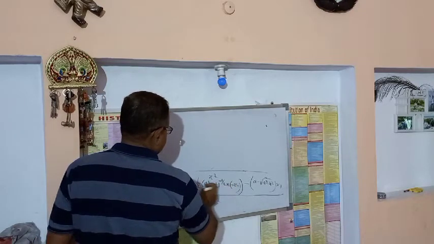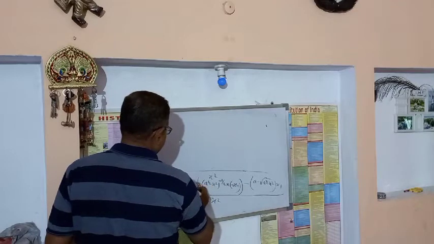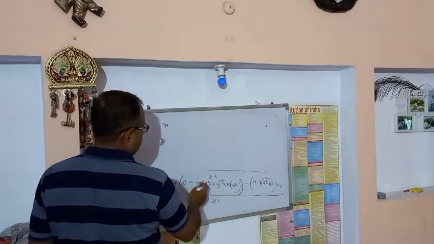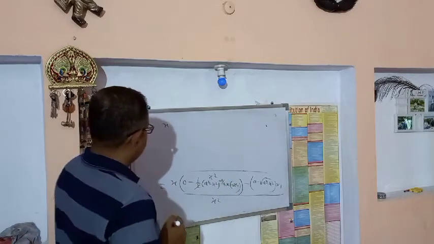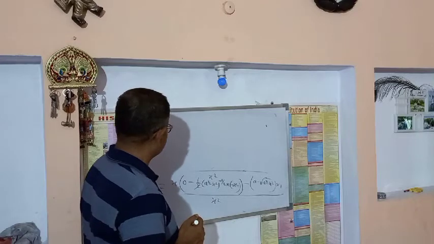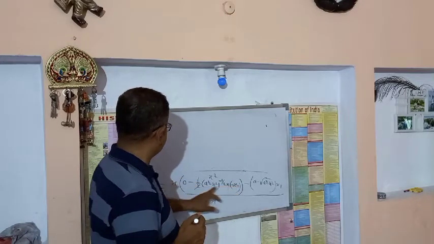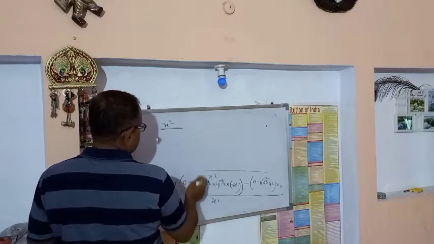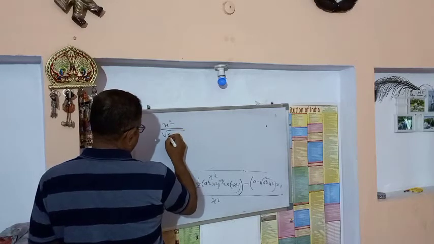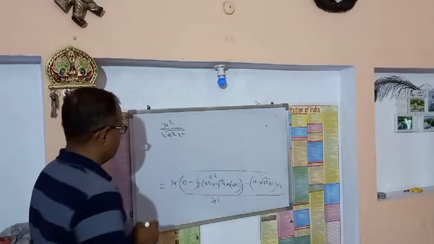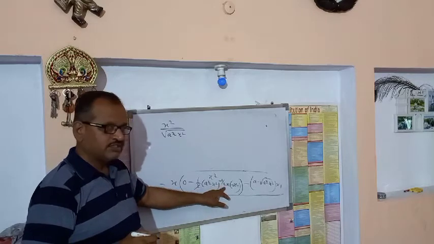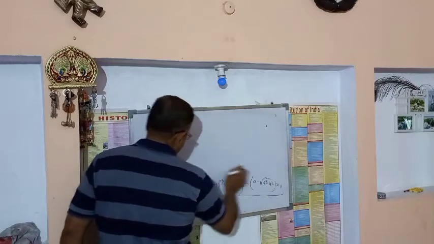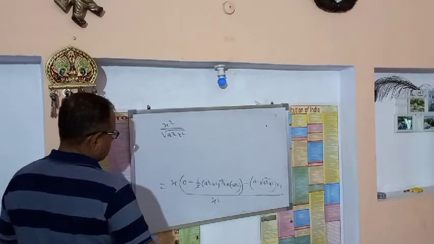So minus into minus is plus, and we can cancel this 2 with 2. And x into x, x square. Take it downside, so it will be under root a square minus x square. A square minus x square to the power minus 1 by 2, take it downside, make the power positive. So we can write 1 upon under root a square minus x square.